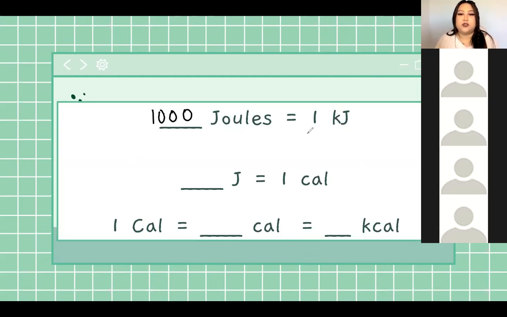And how many joules are in 1 calorie? 4.184, perfect. And for 1 big cal, how many little cals are there? Perfect, 1,000, which is also equivalent to how many kcals? Yeah, 1, perfect. Thank you, Iris.